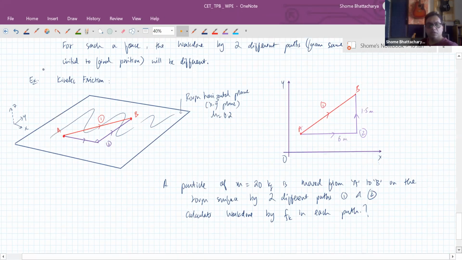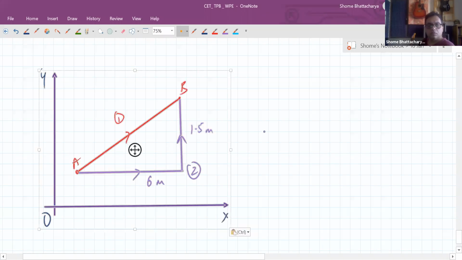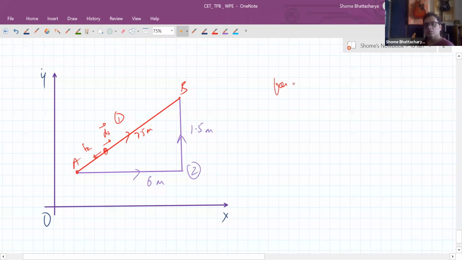Okay. So now see what's happening is that when we are going in path 1, for the body's displacement in this direction, the frictional force will be in this direction, and the total distance from A to B will become 7.5 meters. So for path 1, the work done by friction will be minus of kinetic friction into S, where kinetic friction's value is mu mg.